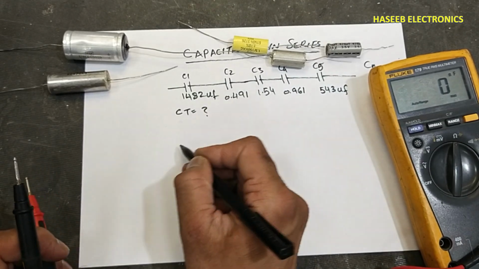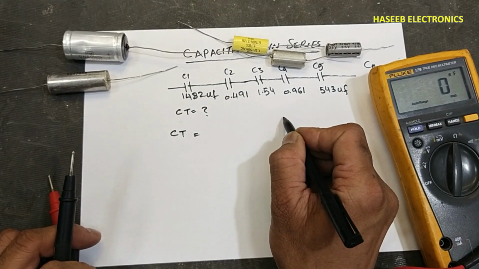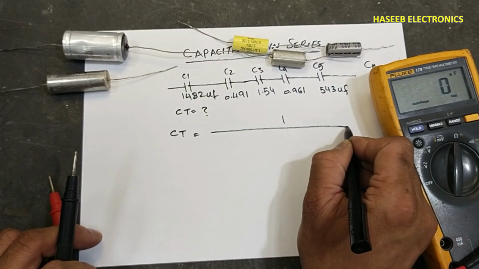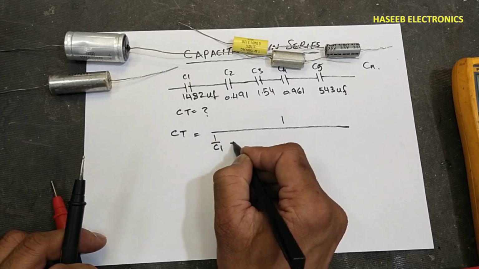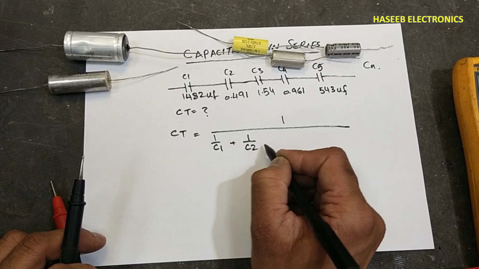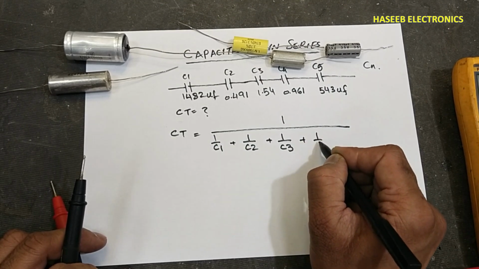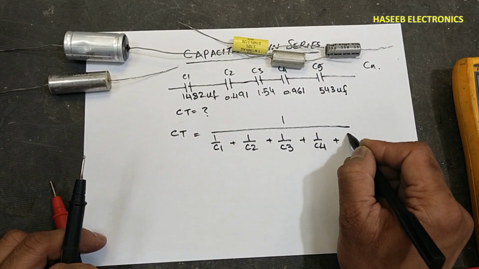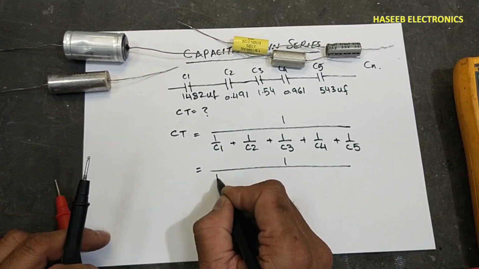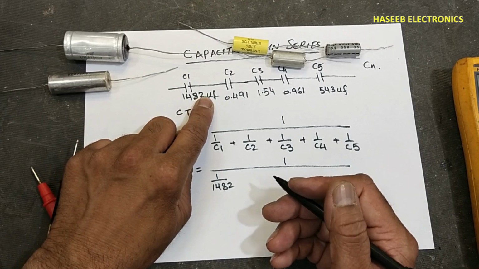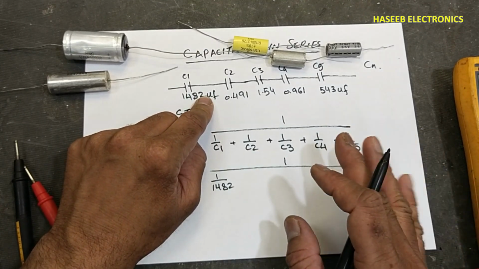Now CT is 1 divided by 1 over C1, 1 over C2, 1 over C3, 1 over C4, C5. If it is microfarad, then we will write in the same microfarad.